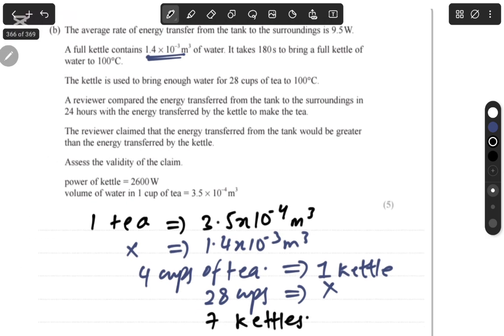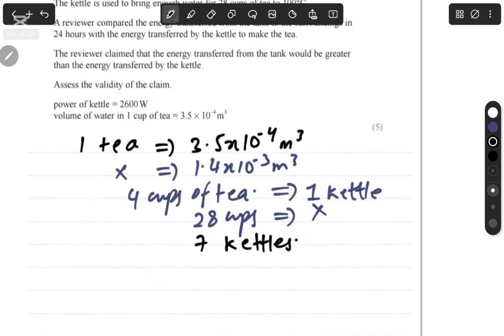Now it says it takes 180 seconds to bring a full kettle of water to 100 degrees Celsius. Now we're going to calculate the power or the energy that's transferred to the water by 1 kettle with full water.